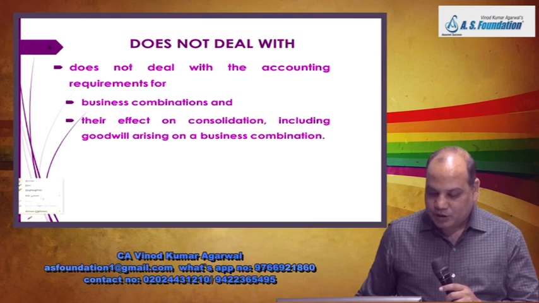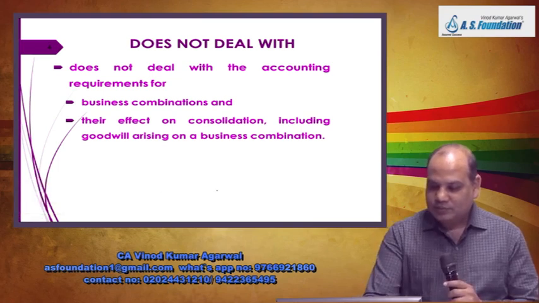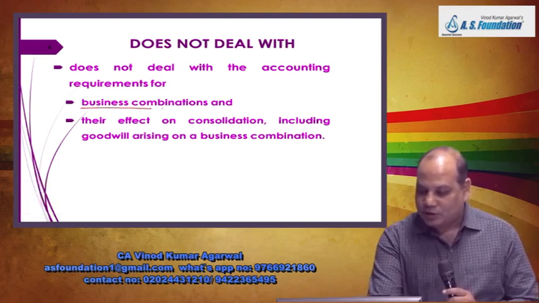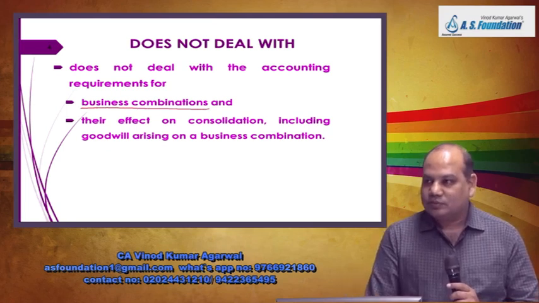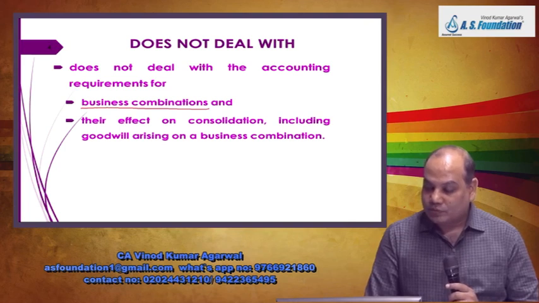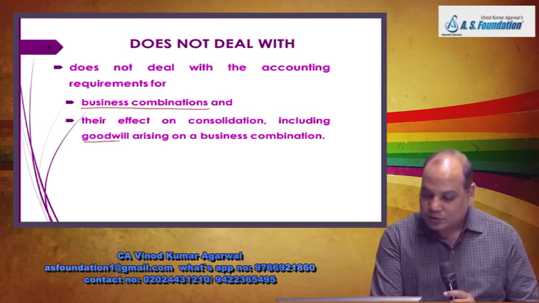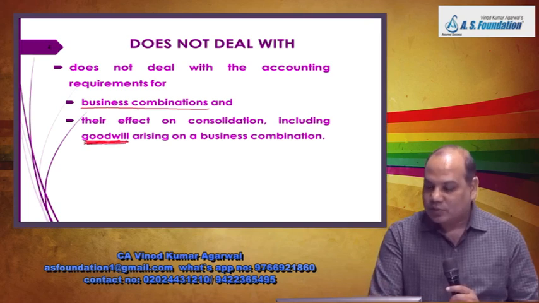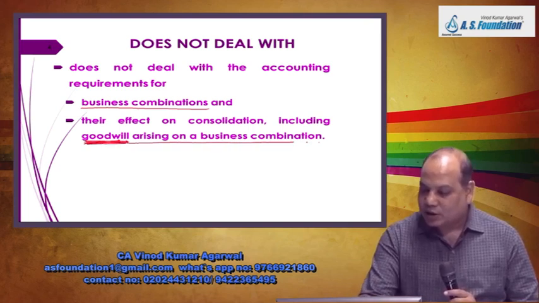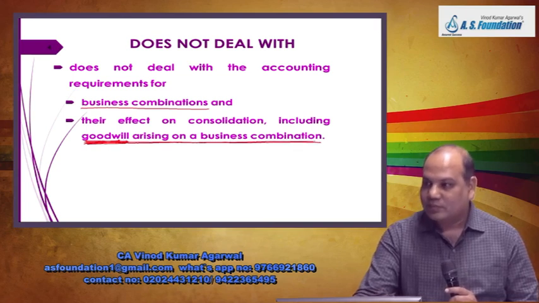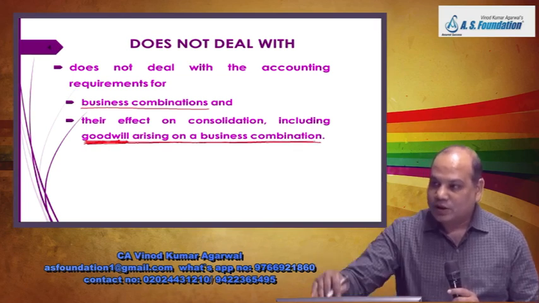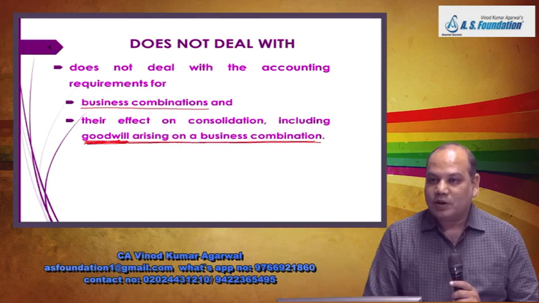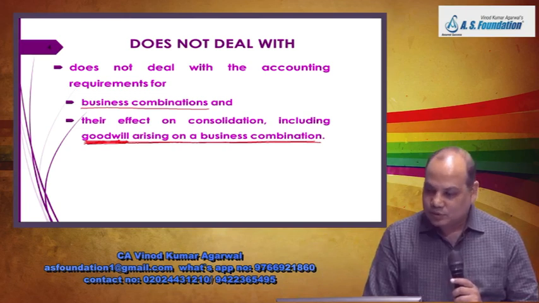So if a subsidiary is acquired, first we will apply Ind AS 103. Ind AS 103 will guide you how to calculate goodwill, how to calculate NCI on acquisition. After that, the consolidation will be done under this standard.